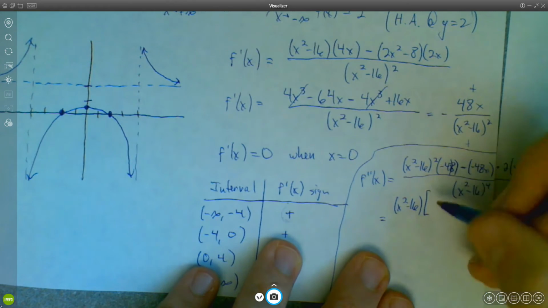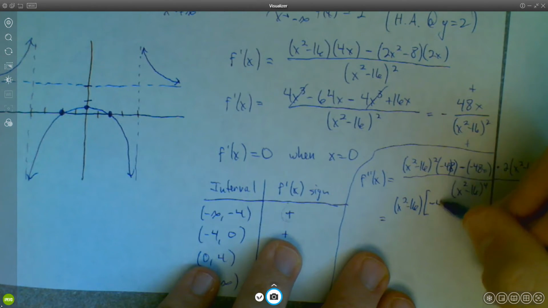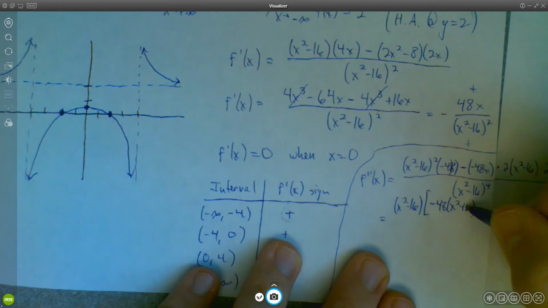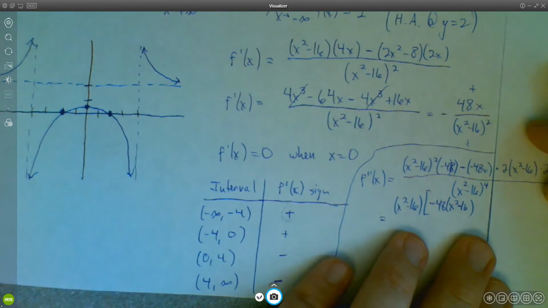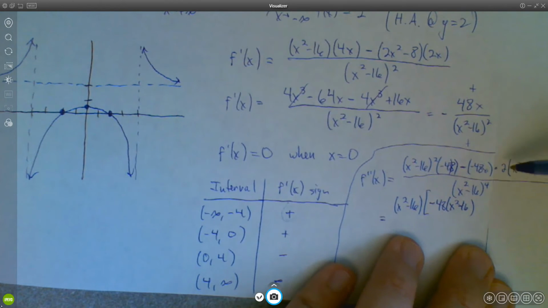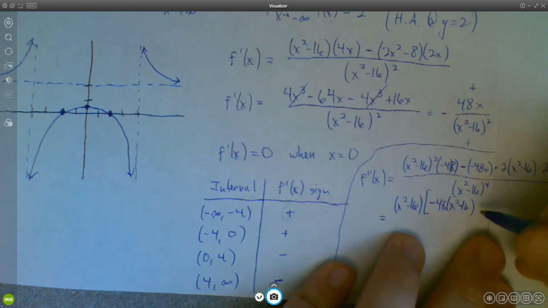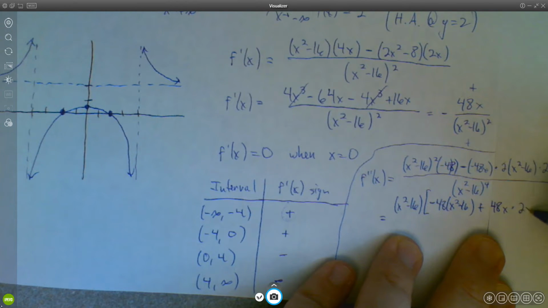I would be left with negative 48 times x squared minus 16. And then 2 times 2 is 4. So then minus, well, really I would say plus 48x times 2x.